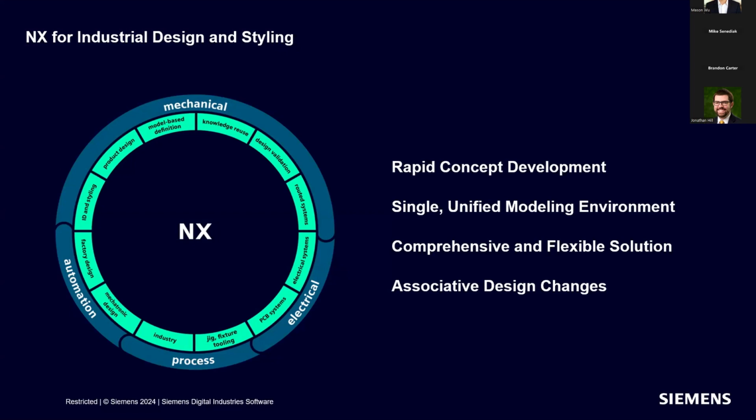All of that is in the NX environment. We have tools to deal with all of that. And as you saw with the licensing, we give you a flexible solution. We have all the tools; just which level of service would you like to work from? And then ultimately, as you're innovating, being able to make those associative design changes to your design is very important.